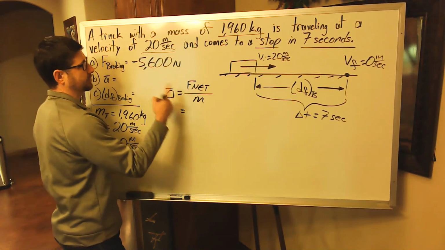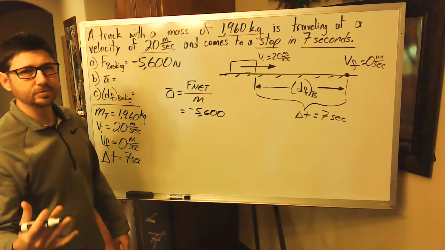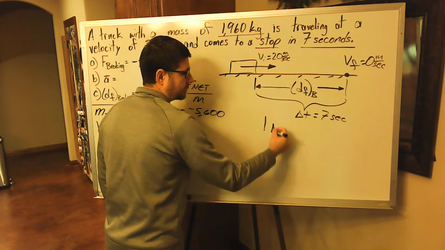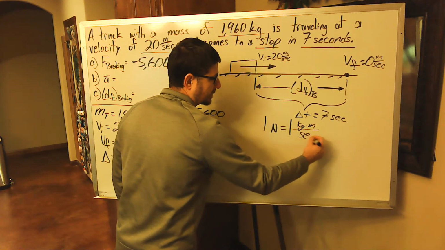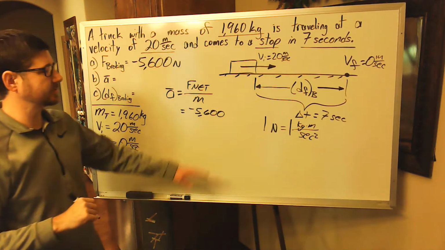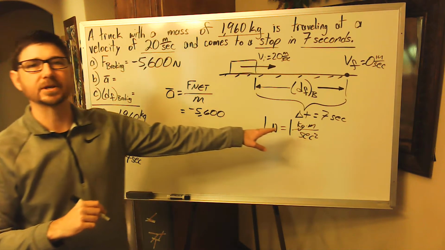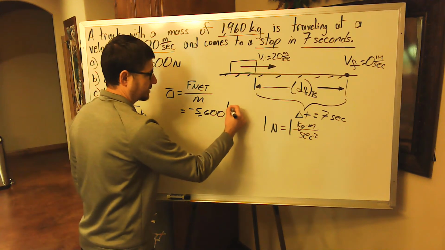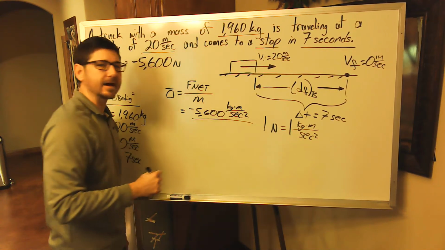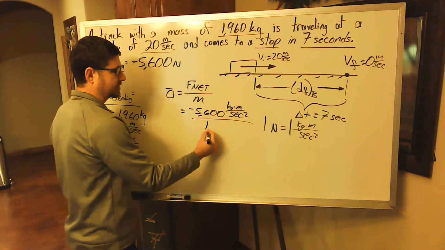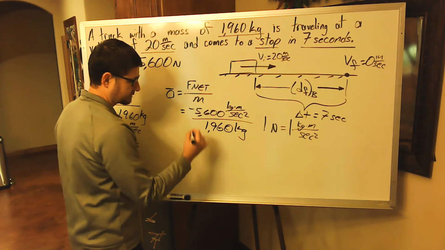Our net force is negative 5,600 newtons, but we know that 1 newton is equal to 1 kilogram meter per second squared. So let's break the newton down and use kilogram meter per second squared. We're going to divide by the mass of the truck, which is 1,960 kilograms.